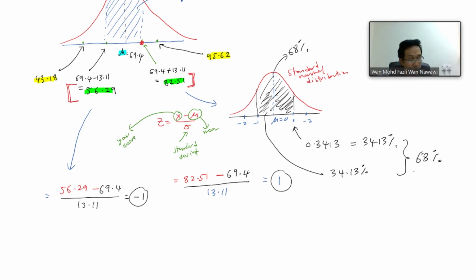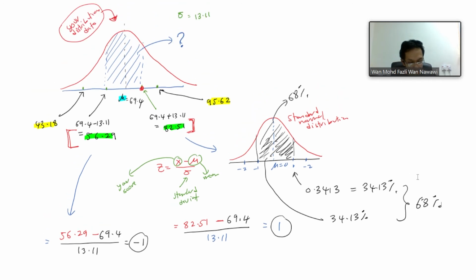So that shows that 68% of the population in my class have a score between 56.29 and 82.50.